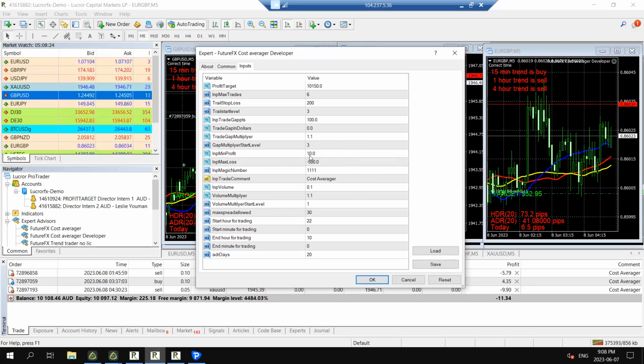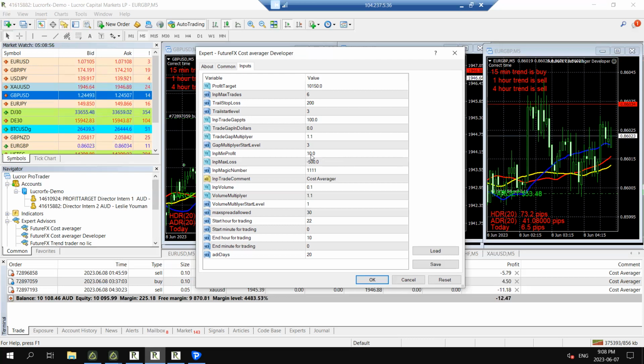Input minimum profit. For every trade or every set of trades per pair, I'm only aiming for $10 of profit. So that would have to happen 10 times for me to make $100, which would be 1% of my account. Now, you do need to understand this software is a high volume trader, so it takes out a lot of trades compared to something like Trend Trader.